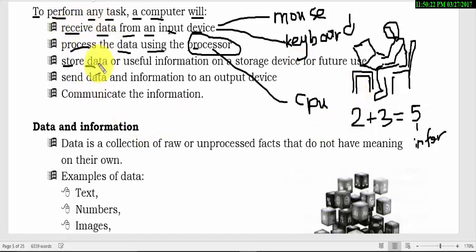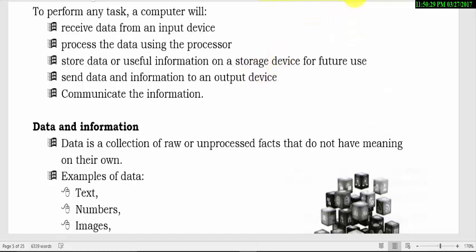So the computer will store data or useful information on a storage device for future use. Now, you can also send data and information to an output device. Also, to perform any task, a computer will communicate the information.